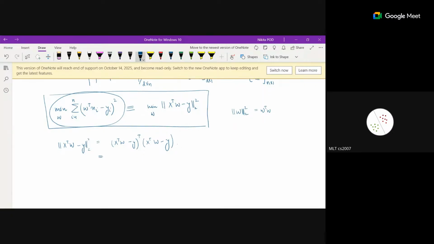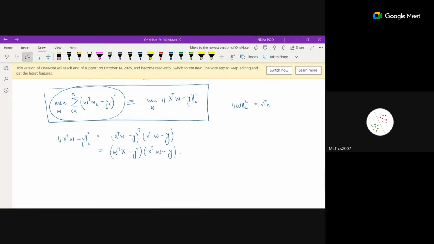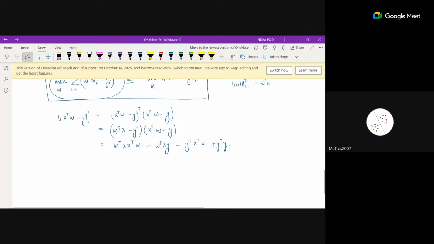What do you get? You get W transpose x minus y transpose, times x transpose W minus y. So this is W transpose x x transpose W, minus W transpose x y, minus y transpose x transpose W, plus y transpose y. This is what we have.